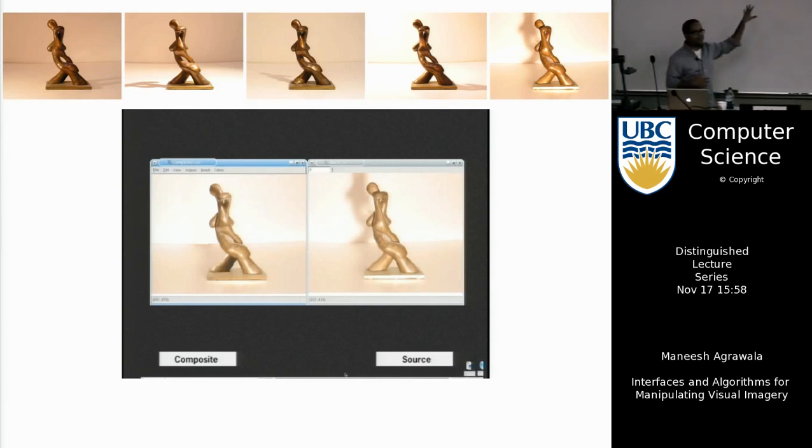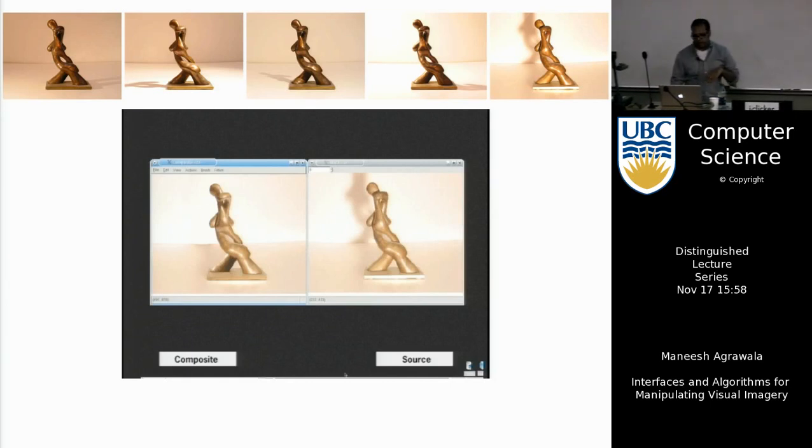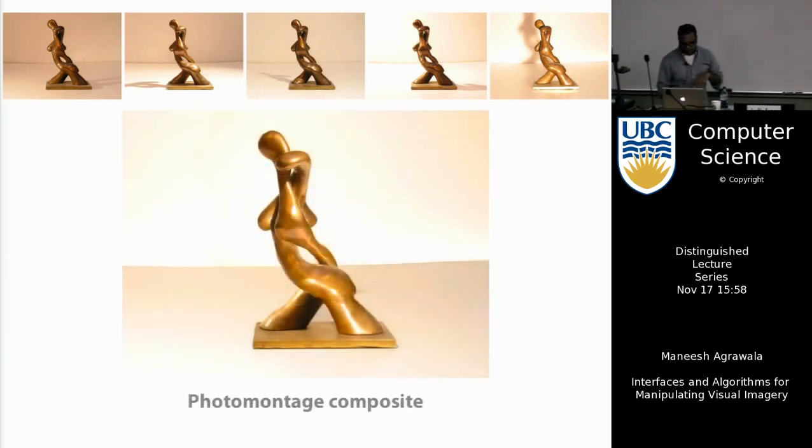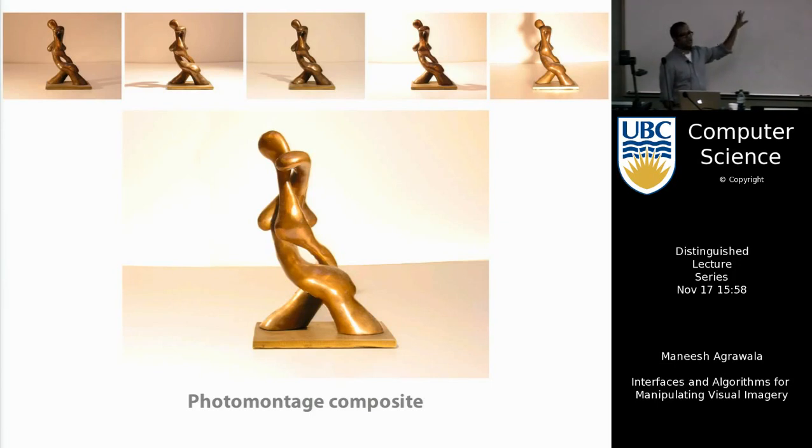And then after the fact, using the system and these really easy strokes, I can relight the photograph and move the highlights and shadows around. Here is the resulting composite image. And it looks reasonably realistic, but I'm really compositing lighting from different images in a non-realistic way.